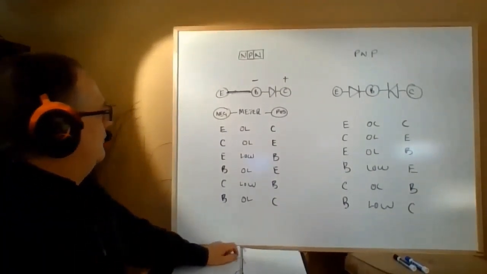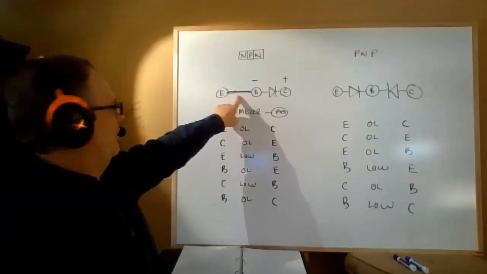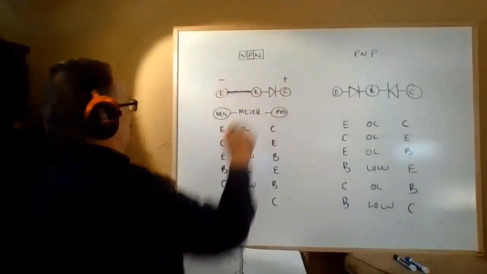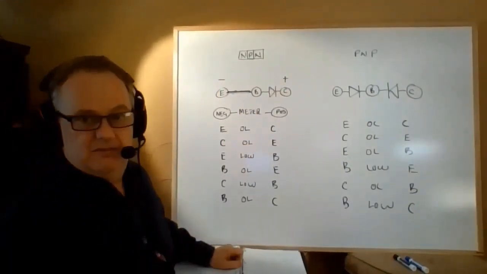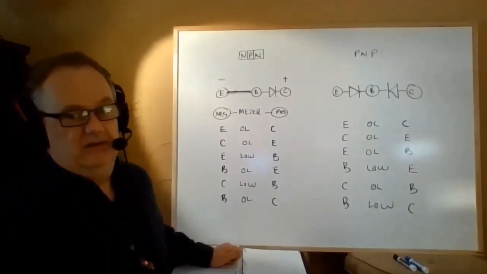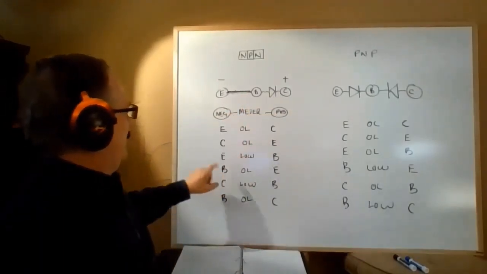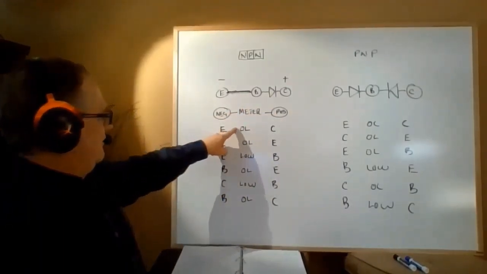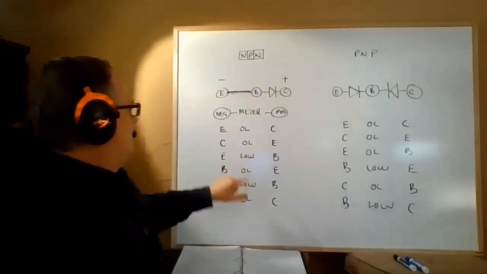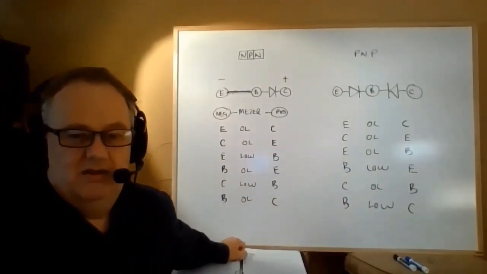For instance, if this side was shorted and you put negative on here and positive there, you would get an OL, open lead, because it would block here. But remember, if everything's in good shape, we should have OL on both of those. If you put the negative here, you would get a low reading, and you would know that thing's actually supposed to be a high reading, and so it's shorted.